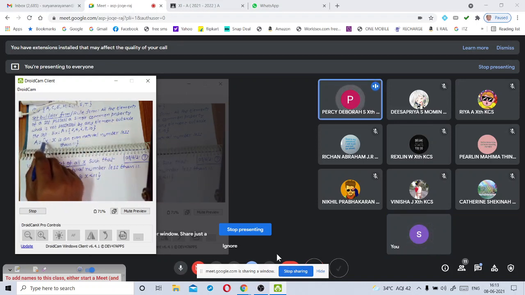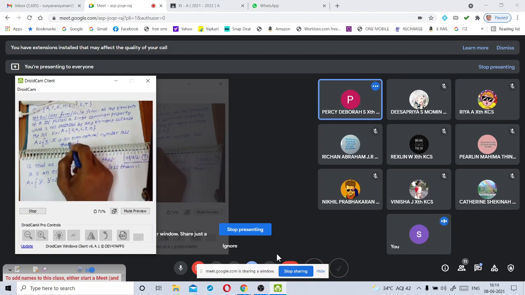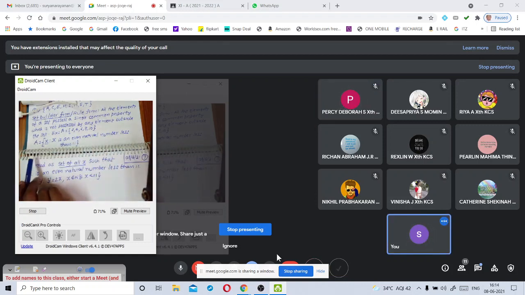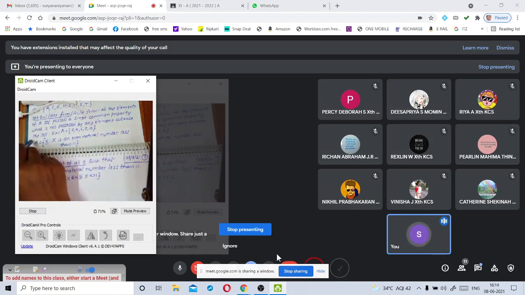A is equal to set of all x such that x is an even natural number less than 11. Very good, my dear Percy. Priya, can you read the same sentence from here to here?